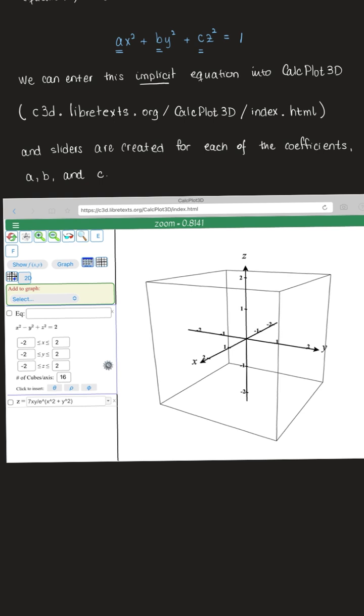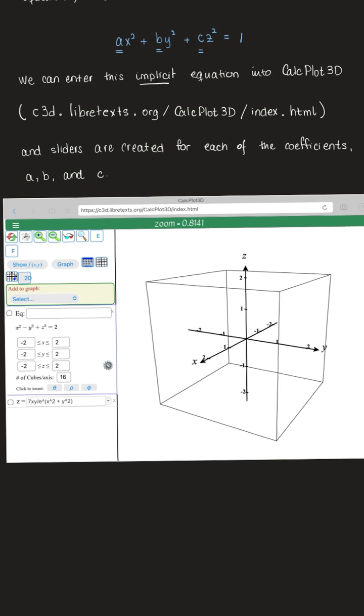And into the equation, I'm going to put in ax squared plus by squared plus cz squared, and I'm going to set that equal to 1.